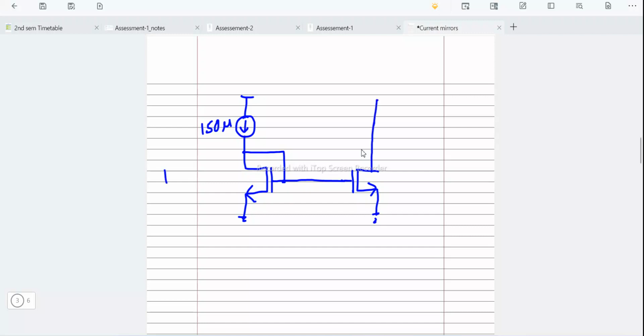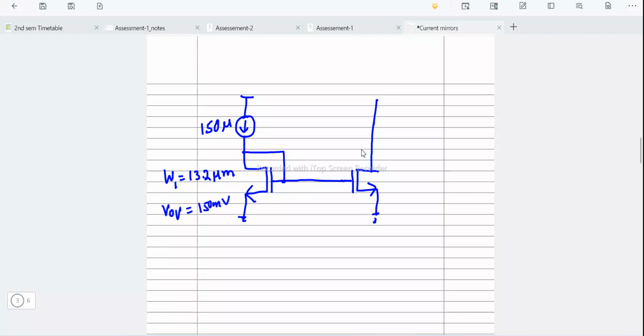So we know the width, what we are seeing here: this NMOS is 13.2 micrometer, and the overdrive voltage we are keeping as 150 millivolts.